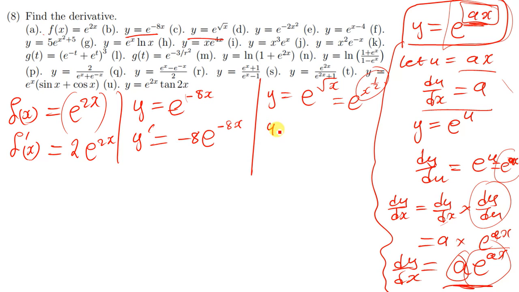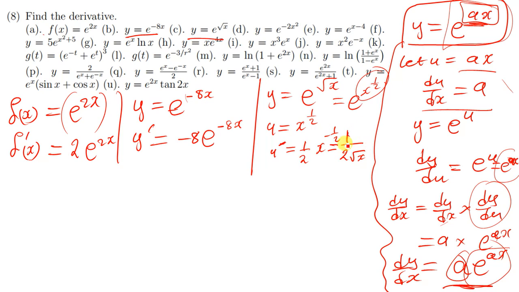We say our u is equal to x to the power half, meaning u prime is going to be half, then x to the power negative half, because when you subtract half minus 1, the answer will be negative half. This can also be written as 1 over 2 root x when you simplify it further.